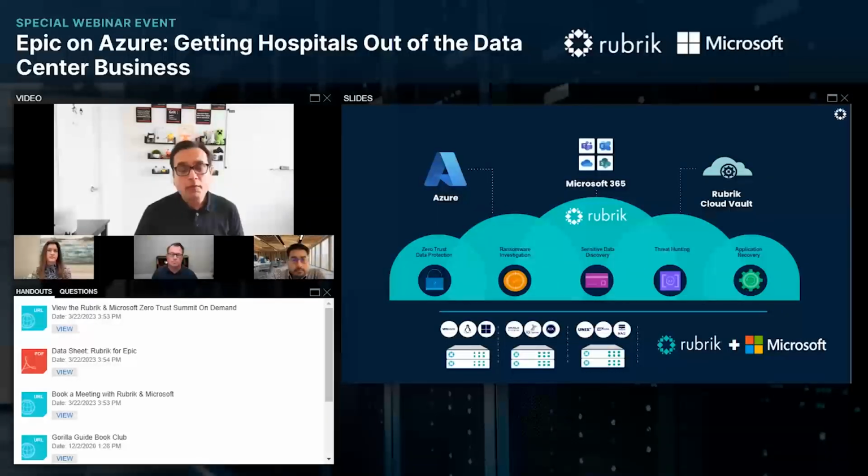But the second part is we also have a lot of cost optimization tools and services. Recently, at last Ignite, we launched the Microsoft Azure Savings Plans, where you can commit to a minimum and get a good discount on top of that. We have an Azure Hybrid Benefit, where if you have on-premises licenses for your Windows or Linux, you can move them to the cloud and get a discount.